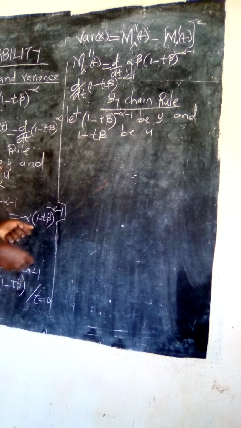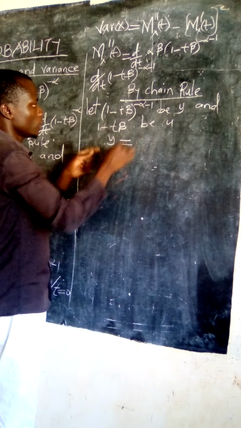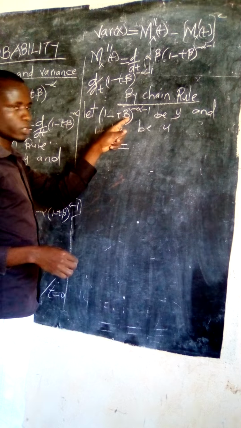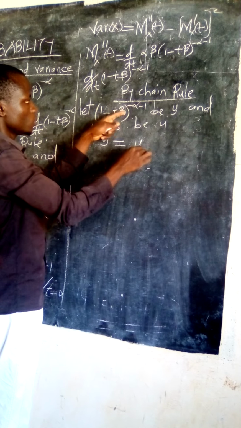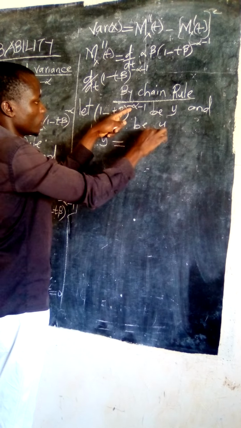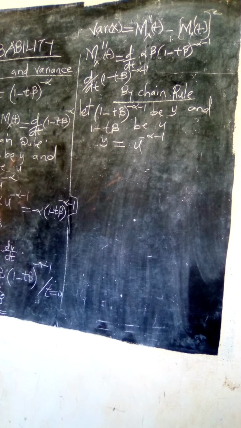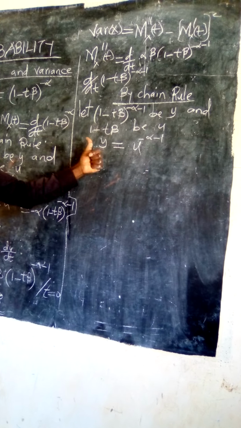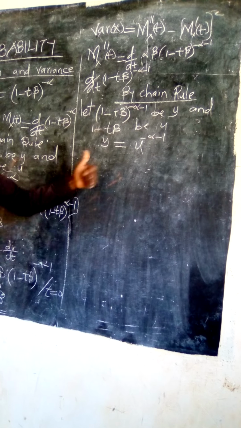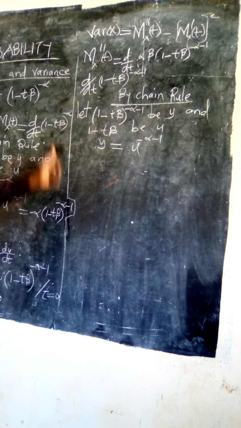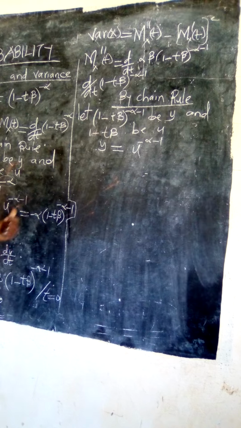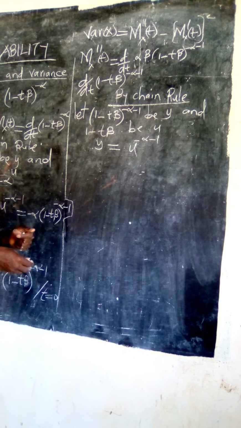After that, I can now say therefore y is equal to, substitute the content here with u, so it will be u raised to negative alpha minus 1. After coming up with this, you are required now to get dy/du, then you get du/dt, then now you get dy/dt, and you shall have just learned the chain rule.